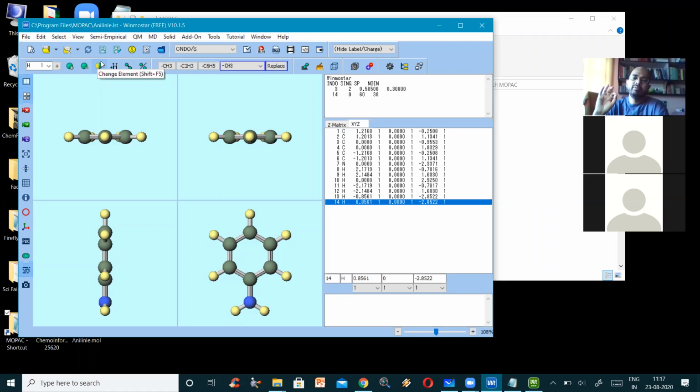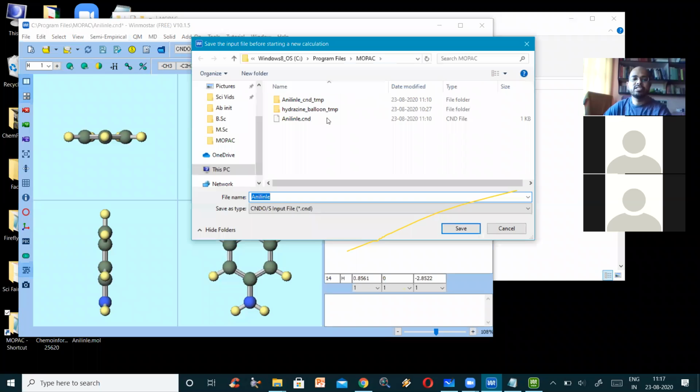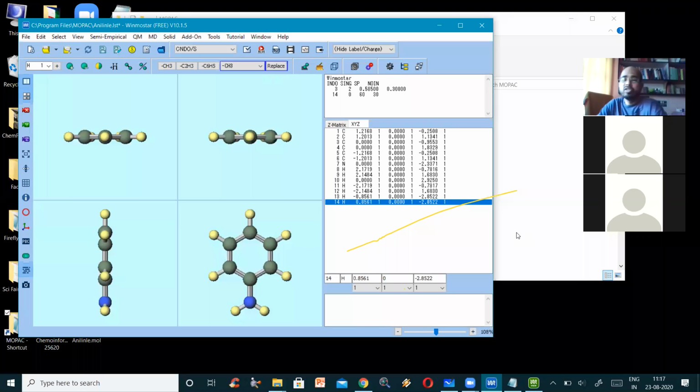We ran this program, got all the results, visualized the results, and then chose the semi-empirical CNDO and INDO calculations, complete neglect of differential overlap. It gave us a lot of orbitals.